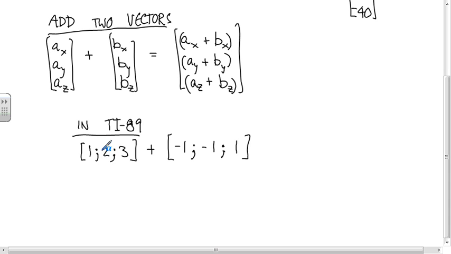So this is making it a column vector. If you did commas instead, it would be a row vector. Okay, we're treating our vectors as column vectors. And so this would give you 0, 1, 4. So it's just adding the first two components, adding the second two components, adding the third two components.